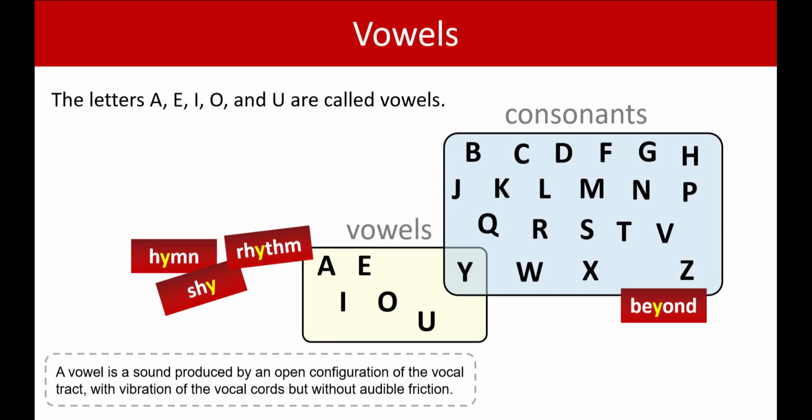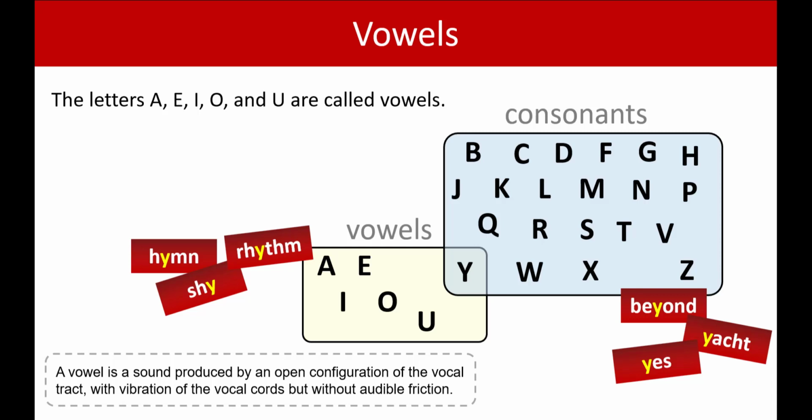Beyond, yacht, yes. With these words, there is obvious friction in the vocal tract, and so Y in these words is a consonant. You have to know this to decide whether to use a or an before a word. More on that later.